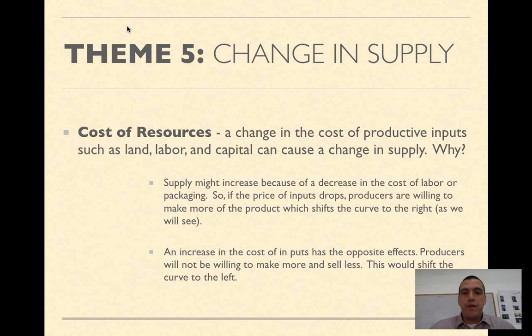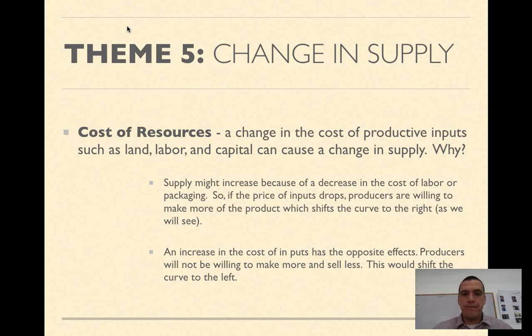So if workers become cheaper, or you can start packaging things for cheaper, your production input, you can produce more. With the cost of labor, you can get more workers or something like that, and that would increase your productivity, and that will shift the curve to the right.